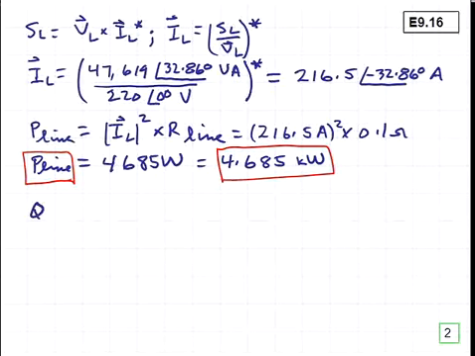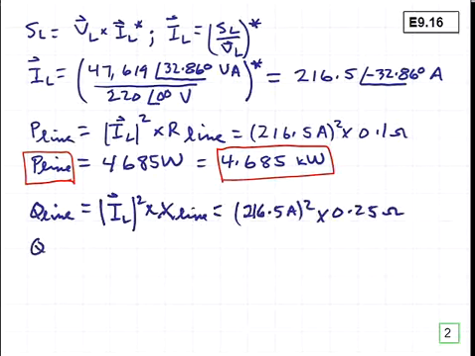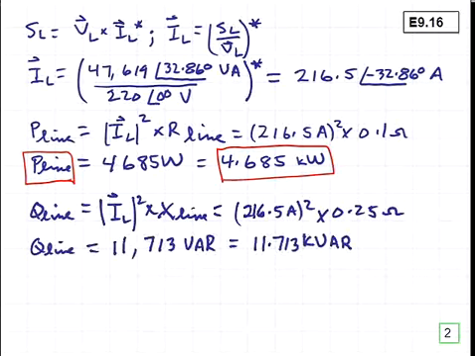Similarly, the reactive power loss in the line is equal to the square of that line current magnitude times the reactance of the line, and Q sub line is equal to 11.713 kilovars.